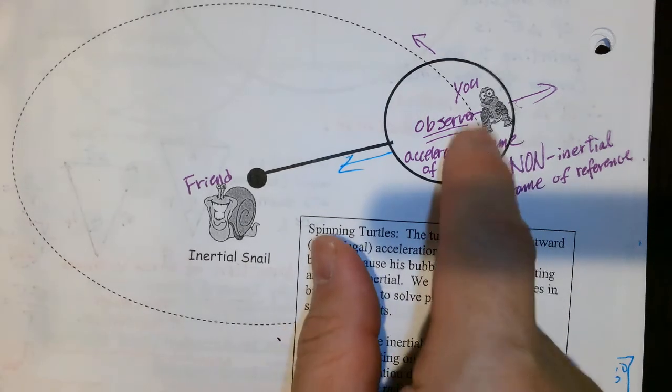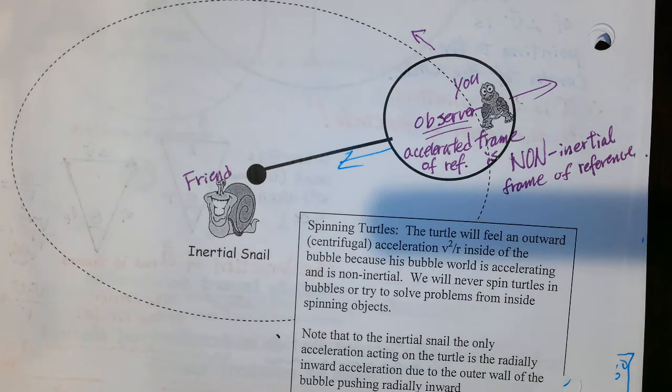Because if you are inside this bubble and this bubble is completely pitch black, dark, and you're being spun around, you'll feel just a push against the wall that cannot be explained. Like, why am I getting pushed against the wall? That cannot be explained if you're inside that bubble.